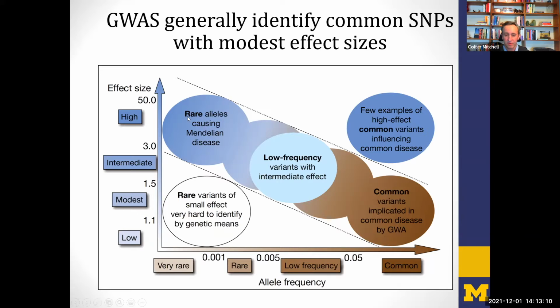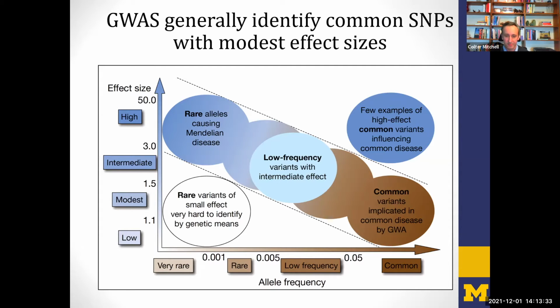So that's that upper left-hand corner. The reality is most of our genetic variation is on the other end, what we call common variants. So more than 1% or more than 5% found in the population. And those have incredibly tiny effects individually. So keep that in mind, that actually most of the time we're talking about very small effect sizes.